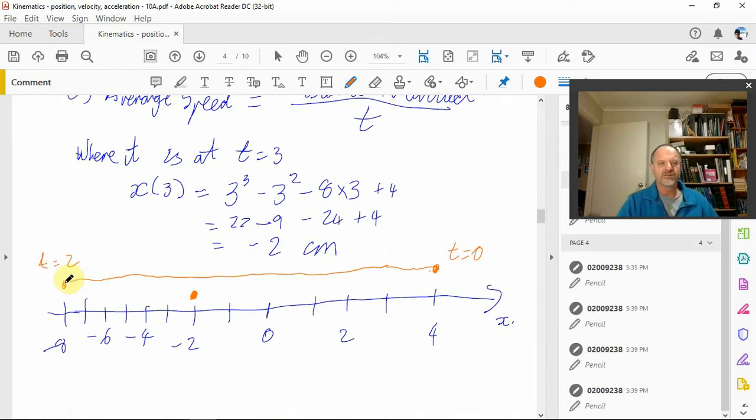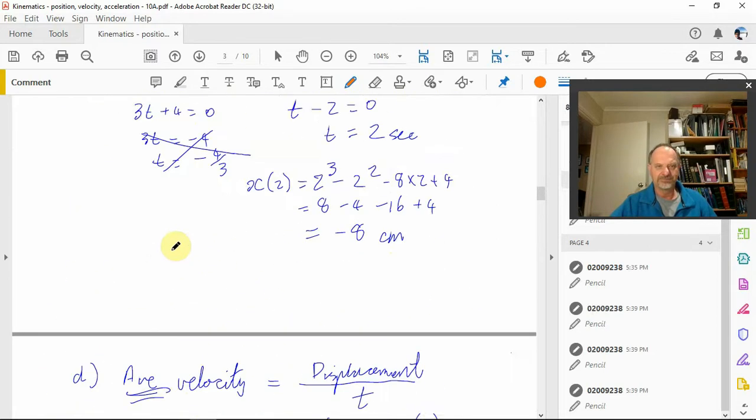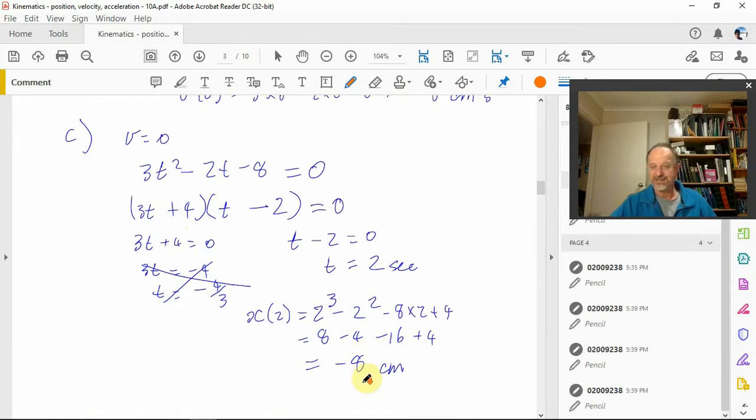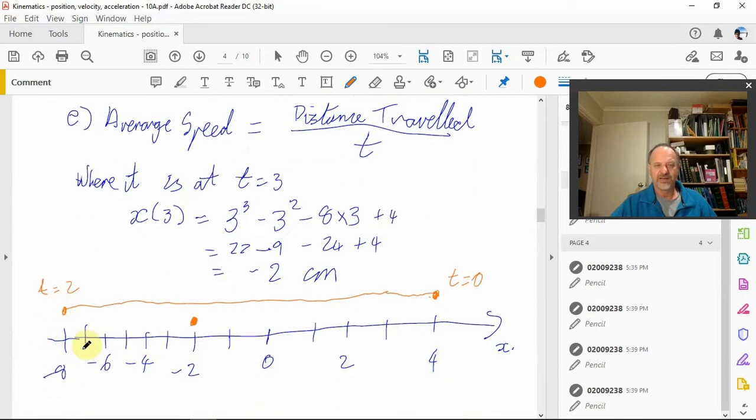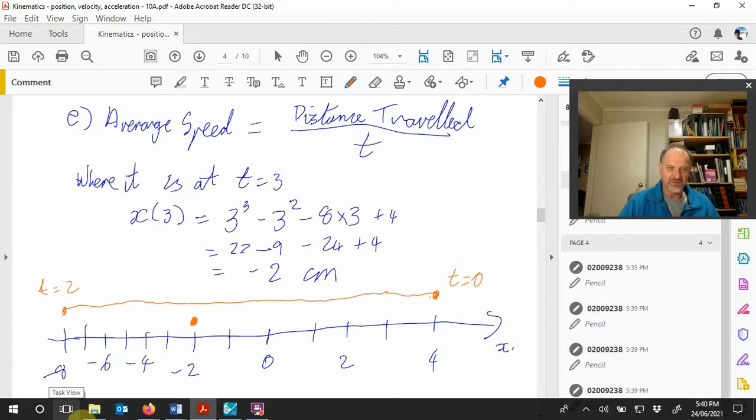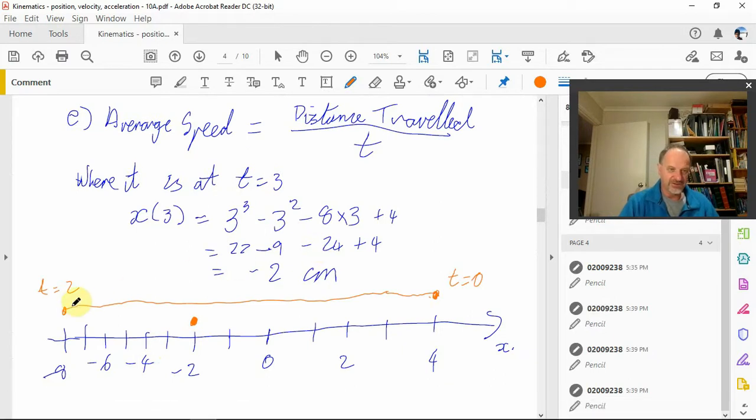And we know that its velocity is 0 there because we figured that out in part C. At 2 seconds, it was at -8. All right, figured that out there. And so if its velocity is 0, it must have turned around there and it must come back. So at time equals 3, there it is.